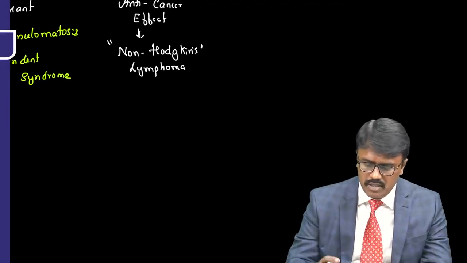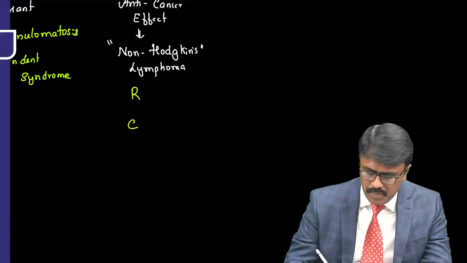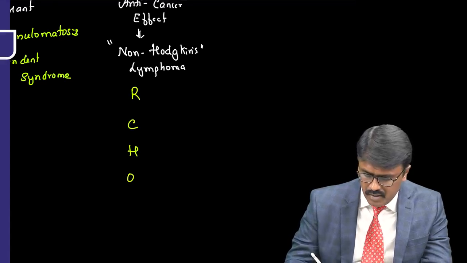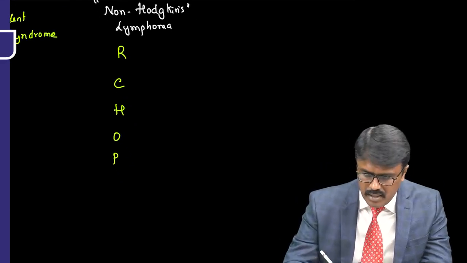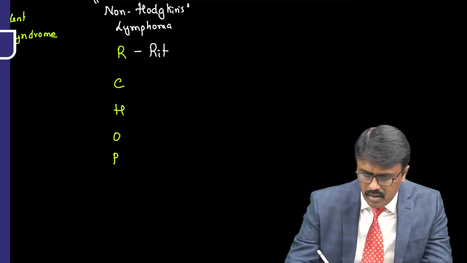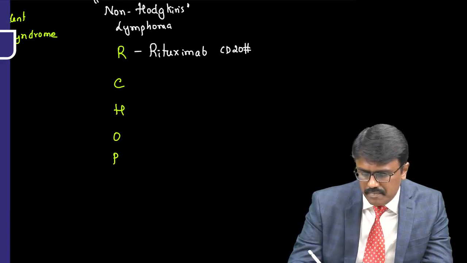For this also we use regimens. For example, the regimen name is R-CHOP. Sir, what is R for? R stands for a mAb called rituximab. Rituximab blocks CD20.